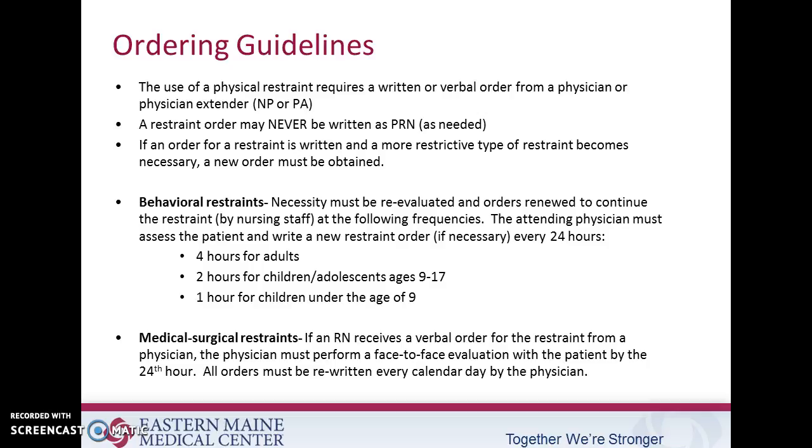And if we get an order for a roll vest, and then we find that that's not restrictive enough, and the patient's still able to get up and get out of bed and falls, and we need to get a more restrictive device, then we actually need to get a new order for that patient.